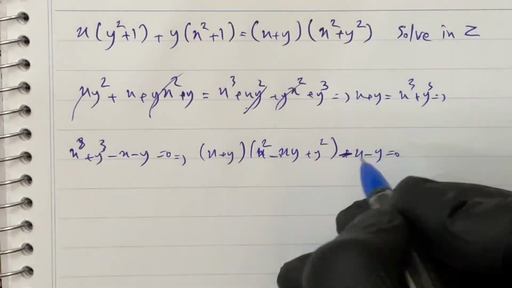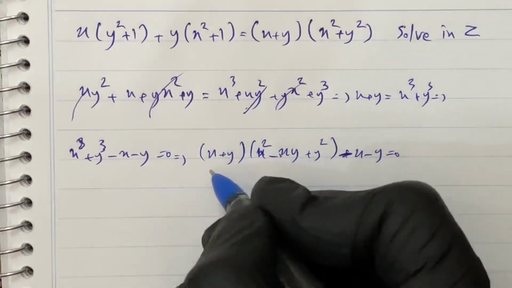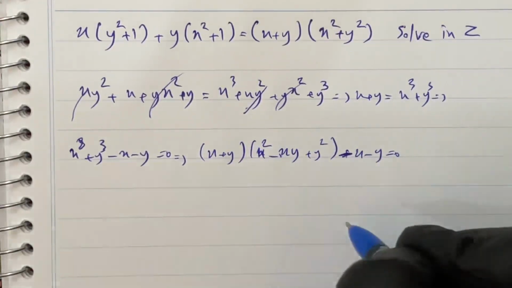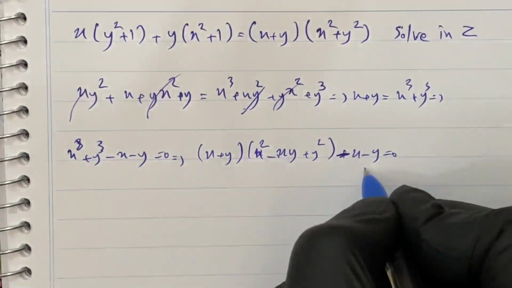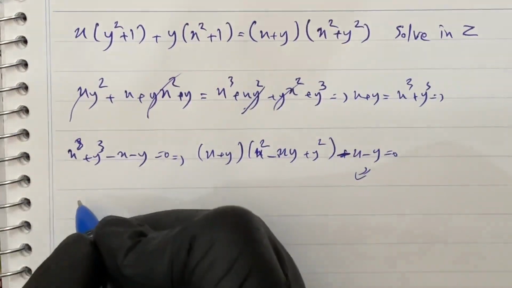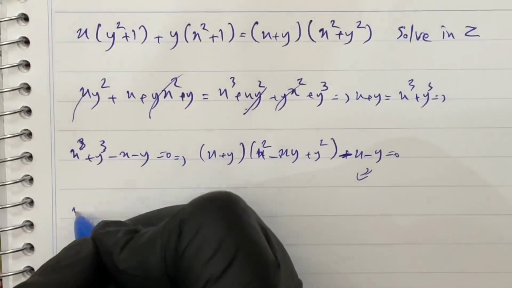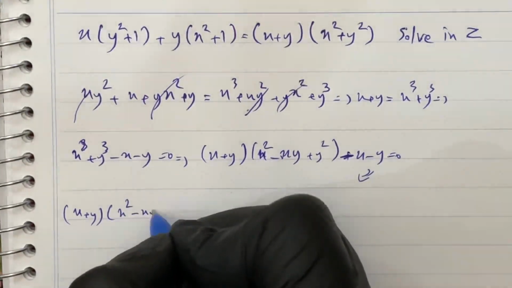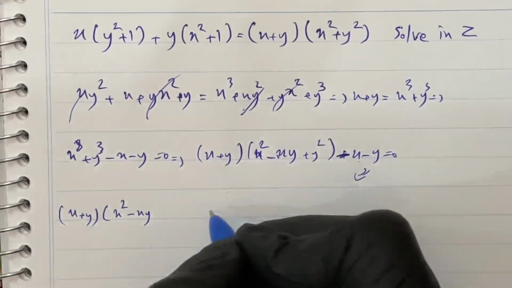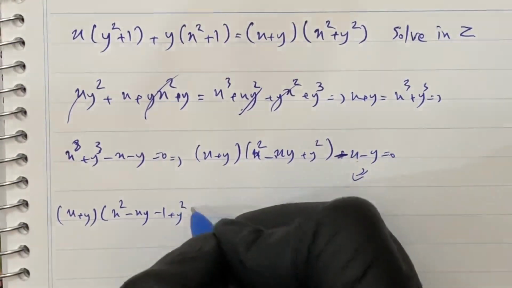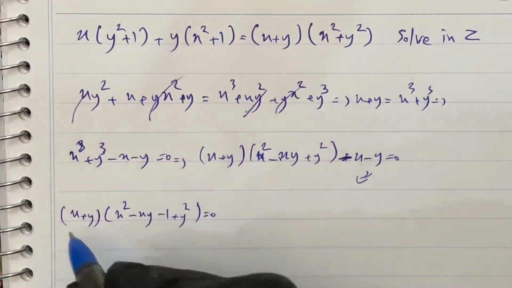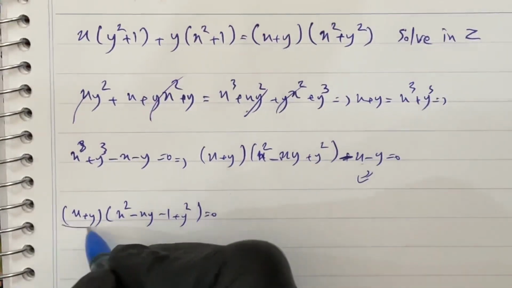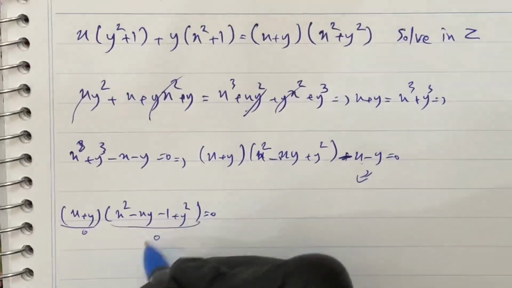So we can also factorize x plus y from here, and our equation would be x plus y times x² minus xy minus 1 plus y². For this to have answers, either this should be 0 or this should be 0.